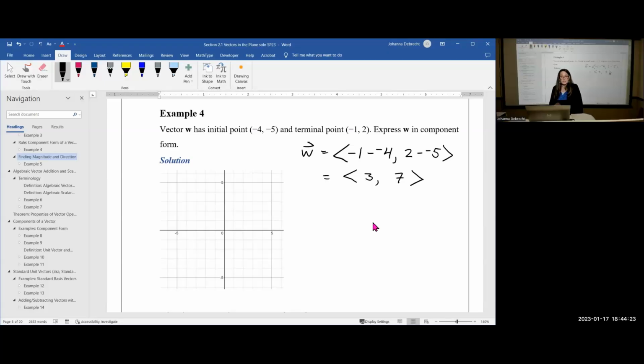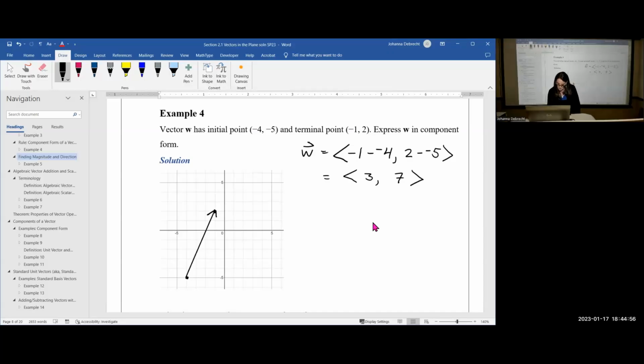So let's go ahead and put this up here and see that they are in fact the same length and parallel to each other. So initial point -4, -5 would be down here, and terminal point -1, 2 would be here. So this is what our vector looks like. Now this is the vector not in standard position. So it starts here and goes to here.